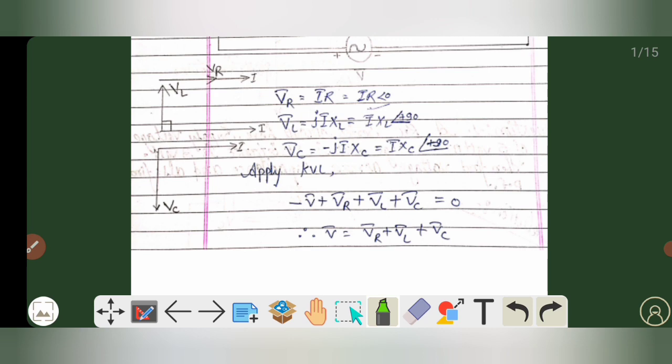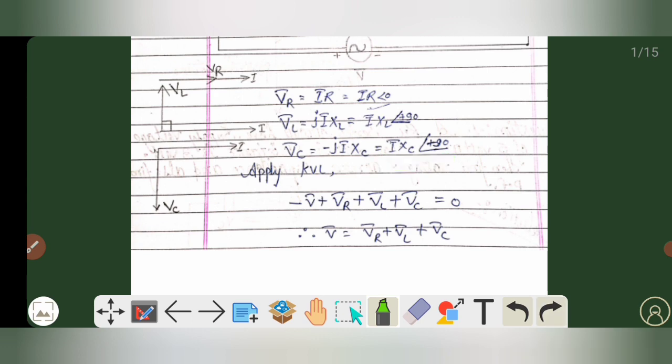For the voltage across the inductor, VL, the voltage leads the current by 90 degree, so here we are using plus 90 degree. In the case of a capacitor, the voltage lags the current by 90 degree, so here we are using I into XC at minus 90 degree.